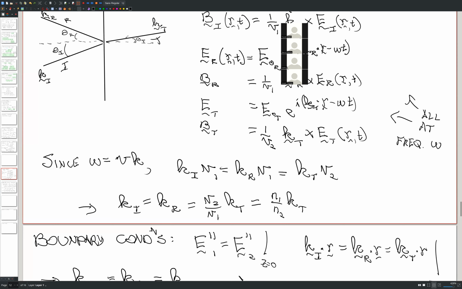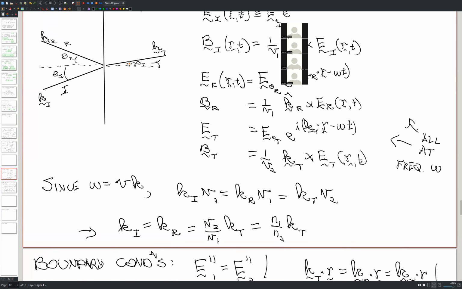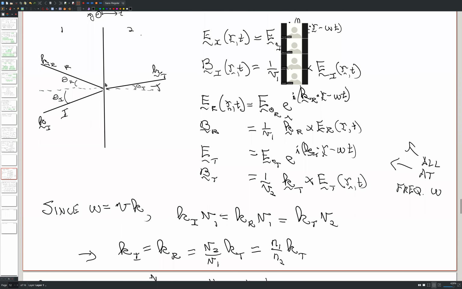So now I can just rotate the boundary so that I'm coming in with an angle which is fully described by our incident angle like this. Namely, in this case, we choose our coordinate system such that the wave has no y component.